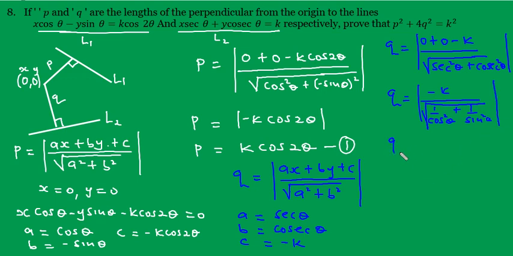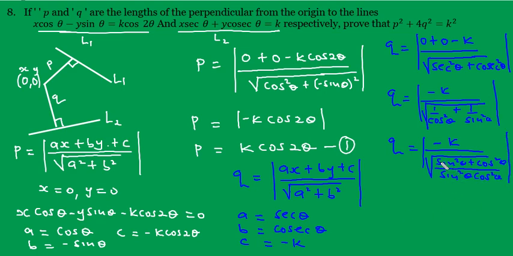So if I simplify the denominator, I'll get negative k over the square root of sin squared plus cos squared theta over sin squared theta cos squared theta.